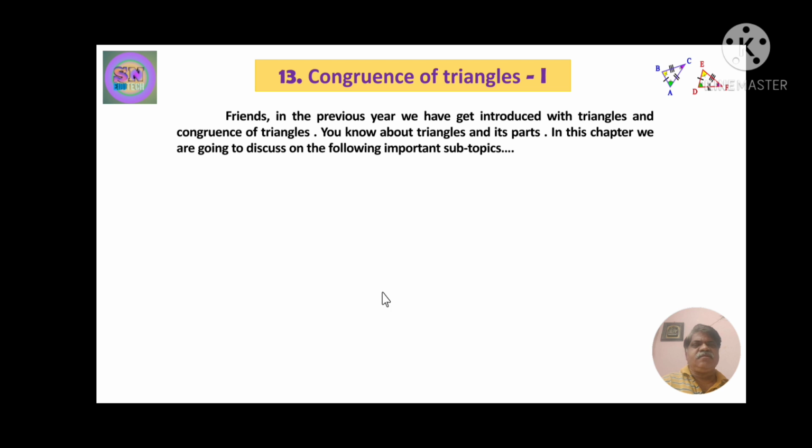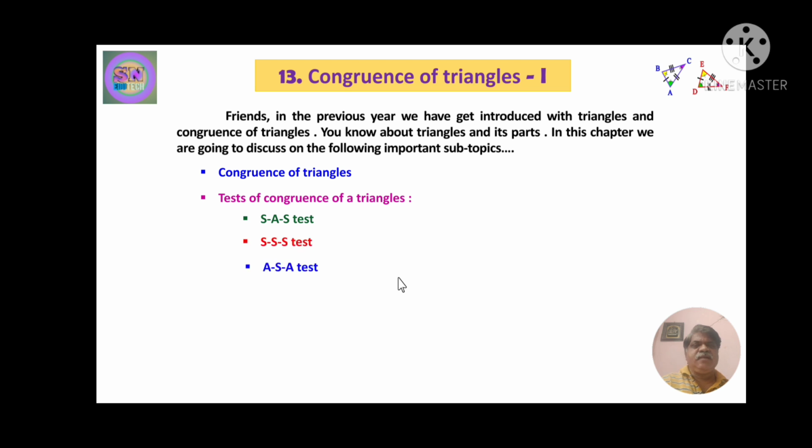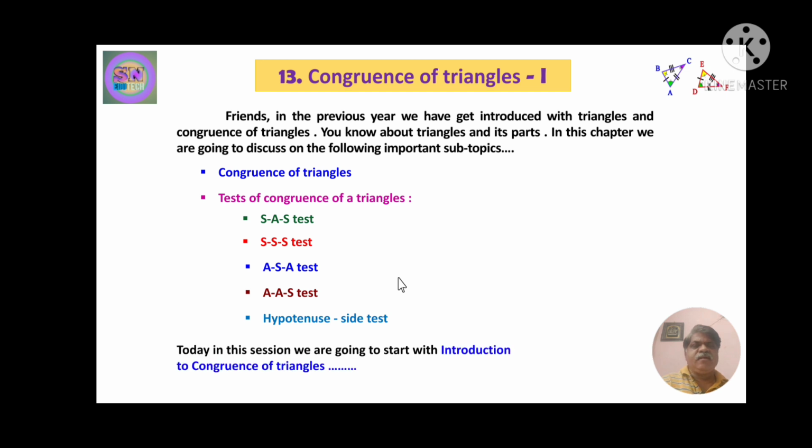In this chapter, we are going to discuss the following important subtopics: congruence of triangles, tests of congruence of a triangle, SAS test, SSS test, ASA test, AAS test or SAA test, and the hypotenuse side test, that is the RHS test. Today in this session, we are going to discuss the introduction to the congruence of triangles.